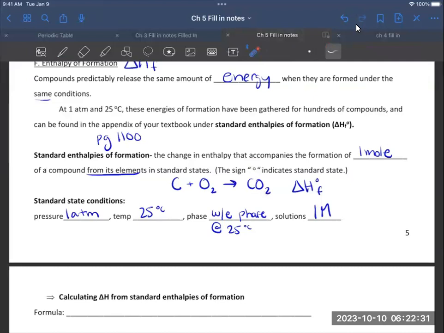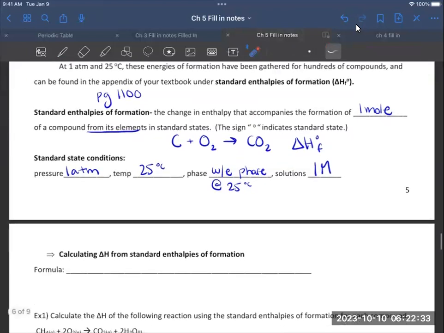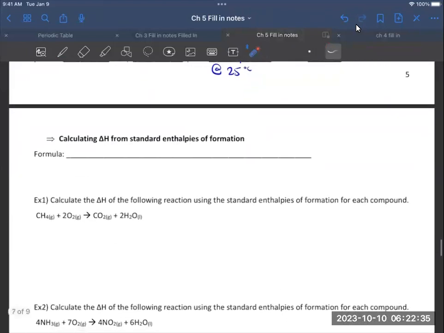So we use the delta H of formations to calculate delta H of reactions using this formula.